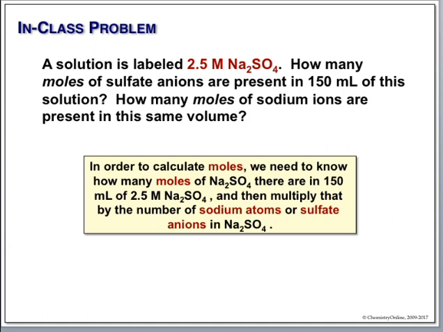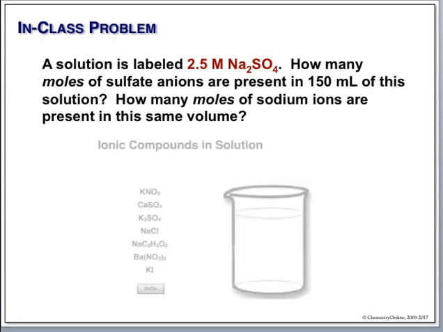Further, if you look at sodium sulfate, how many sulfates are there in 1 mole of sodium sulfate? Just 1. How many sodiums in 1 mole? 2. Now remember, I showed you this cute little movie. Here we have potassium sulfate, same thing.